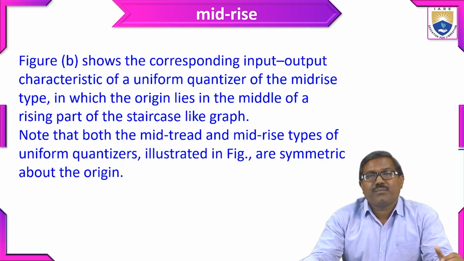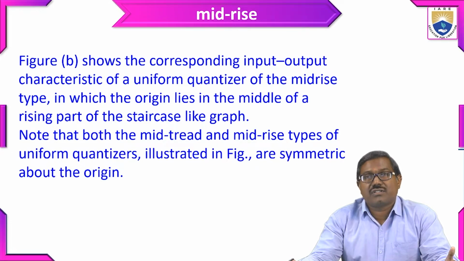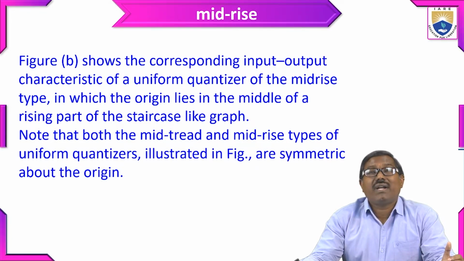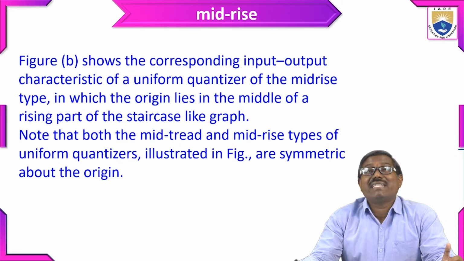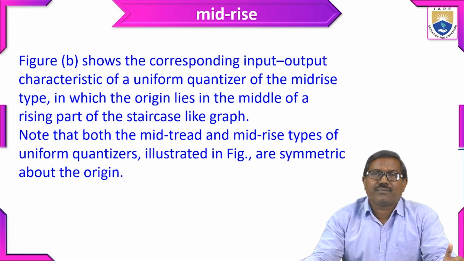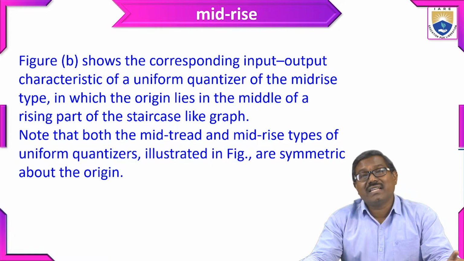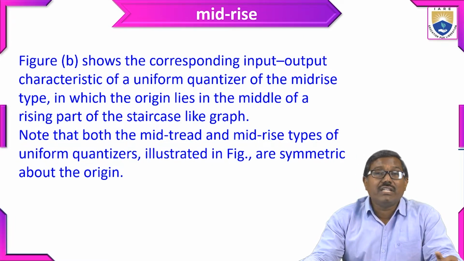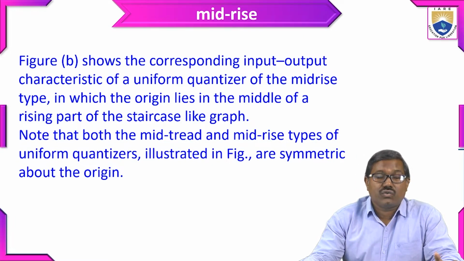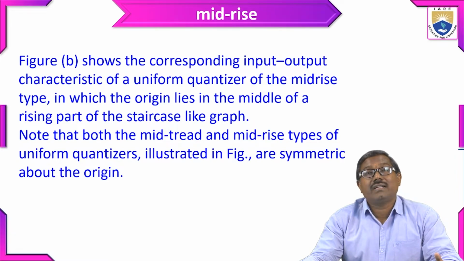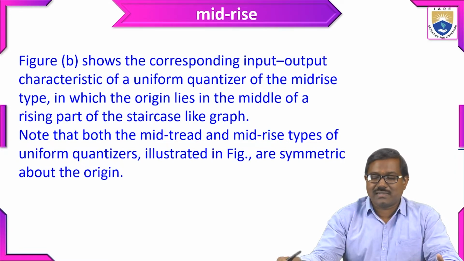So the uniform quantizer fails to catch some weak or some high portions. Why? Their quantization levels or reference levels are uniformly spaced. So when drastic changes come in the signal, it fails to catch them. That's why we go for non-uniform quantizers.